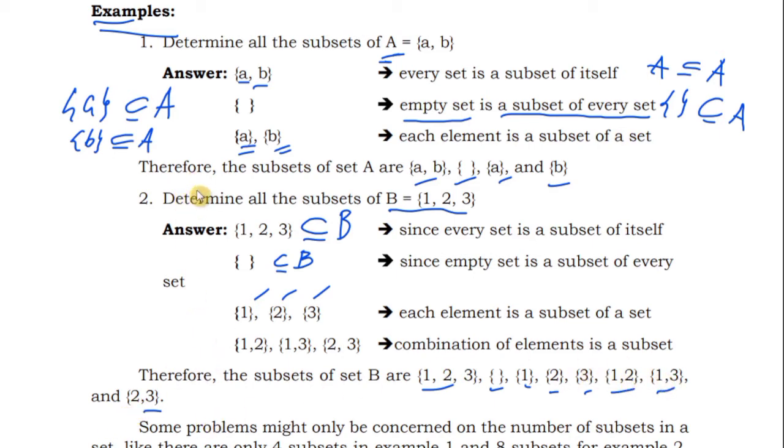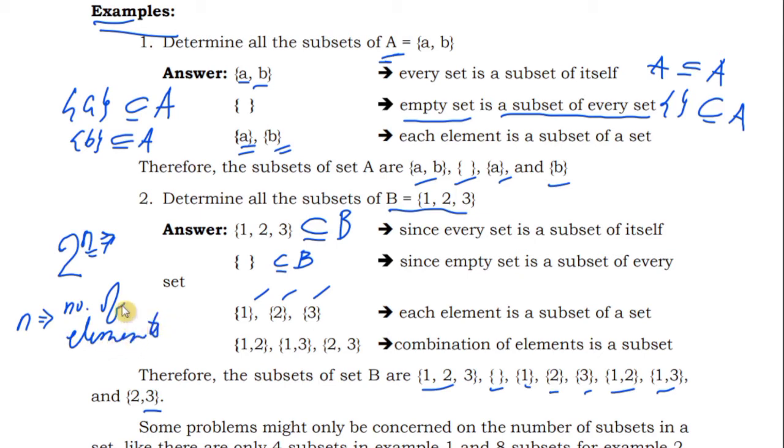To determine the number of subsets of a given set, we have the formula 2 to the n, where n is the number of elements found in the given set.